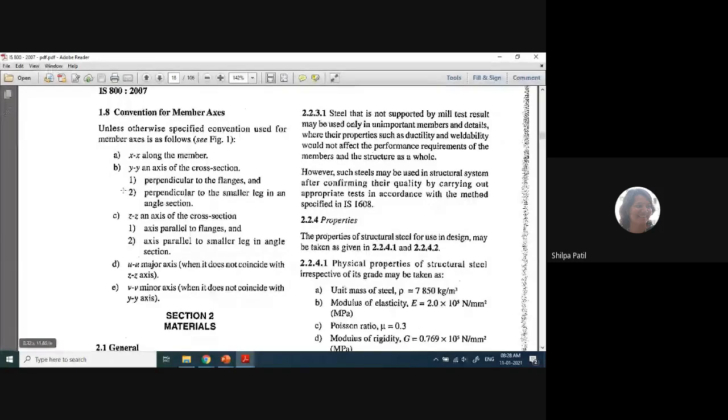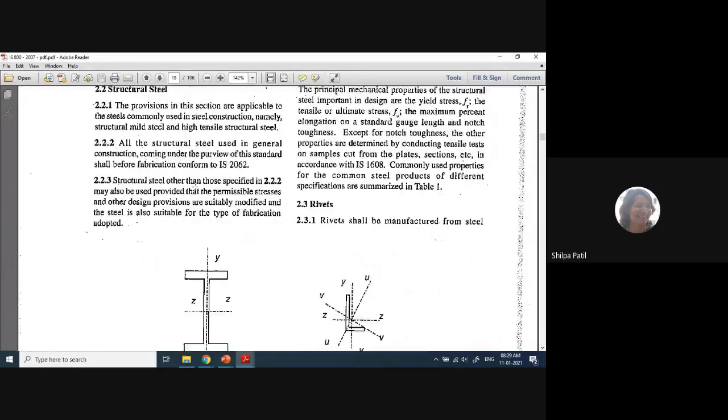You have to understand all these because based on this axis system only, all the formulas are derived and represented in this code. If you change the axis system, the formulas which you are using referring this code will not be applicable. So this is very important: according to that axis system only all the formulas are derived. So I will just show you the axis system.